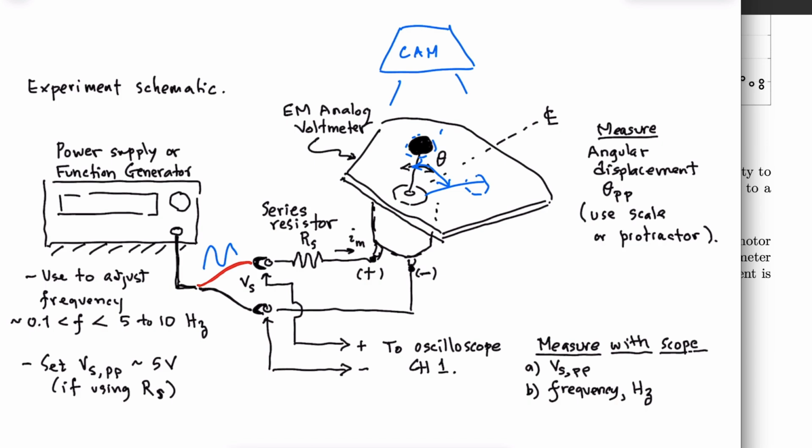Sometimes we'll measure the input as well, just to make sure, if you don't know that you're controlling it very well. But look at what we have here. We know what the input voltage is, if we can control it well with the function generator, and then we're going to vary the frequency.